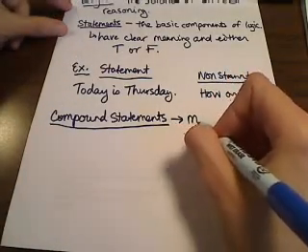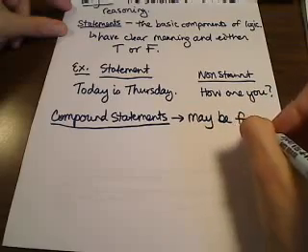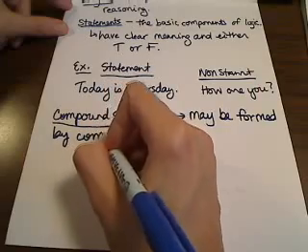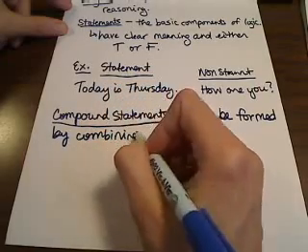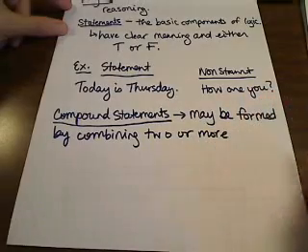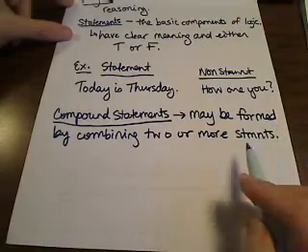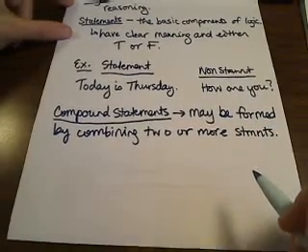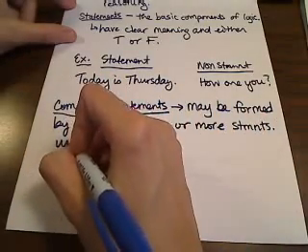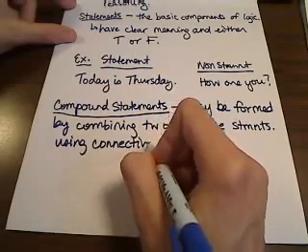So what we say about compound statements is these may be formed by combining two or more statements. That's my abbreviation for statements, I just leave out some of the vowels. And we combine these using what we call connectives.